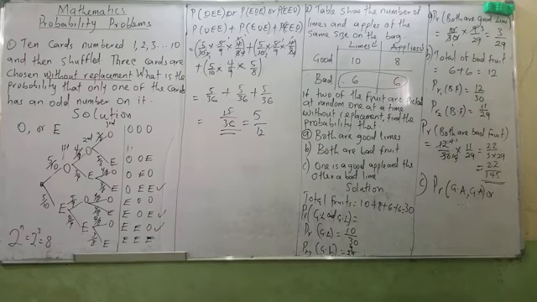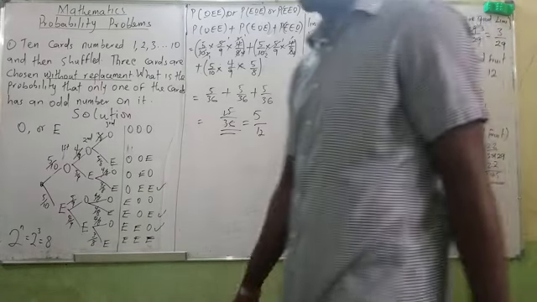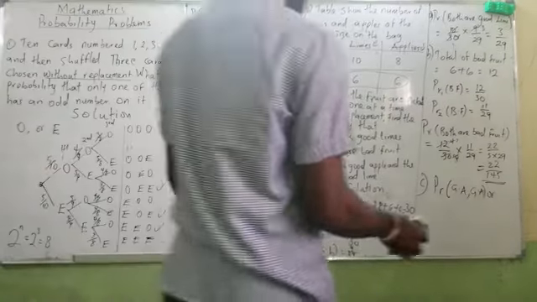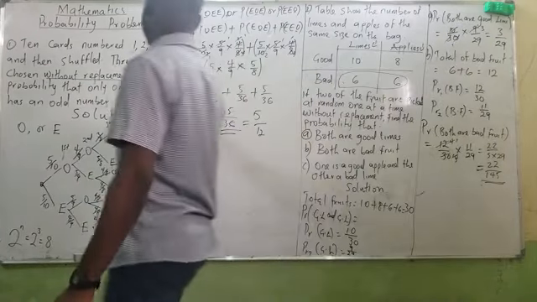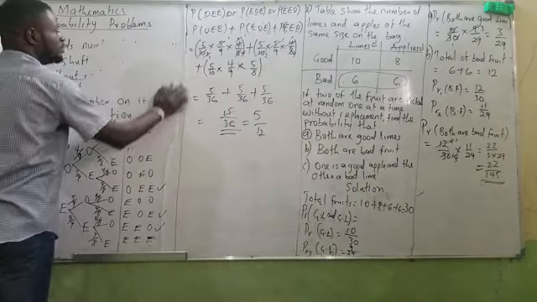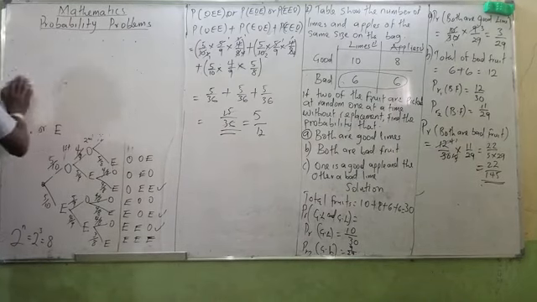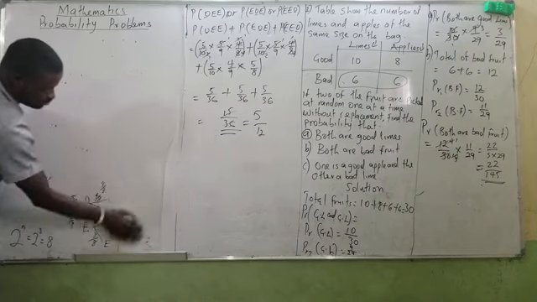One is bad, one is good. Probability of good. Okay, I discovered the way I'm doing this, I'm not doing it very well, so that people can see very well. I need to rub this part of the board so that I can be able to visualize it very well. Okay.